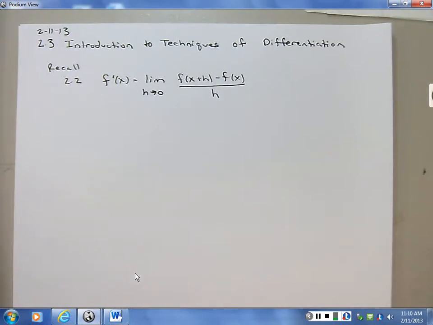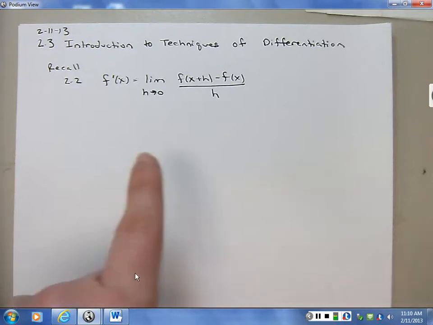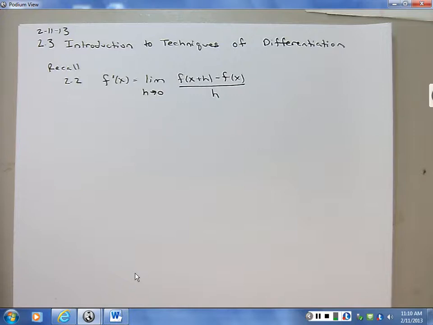In 2.3, we're going to learn a couple theorems that are going to simplify this. However, on this first exam, if I say by the definition of the derivative, you need to use this technique to differentiate it. You can know the power rule to say I know what the derivative is going to be, but I need to show it by this limit as h goes to 0 of the difference quotient.